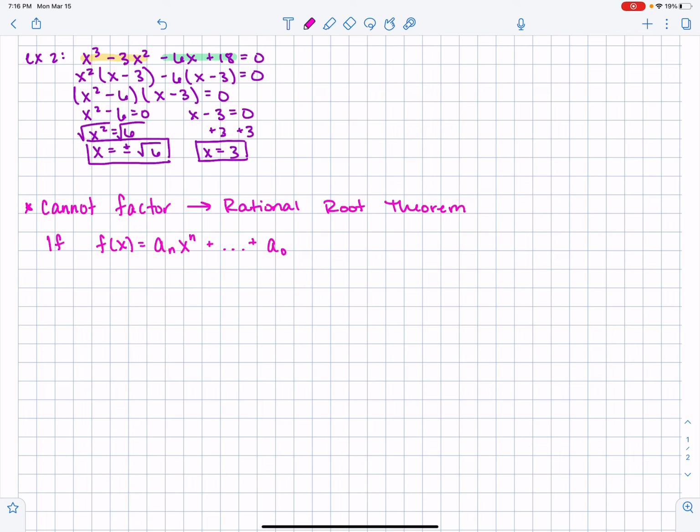Basically that a sub n is your leading coefficient, and a sub 0 is the last term there, your constant. And it has integer coefficients. So this only works with integer coefficients.